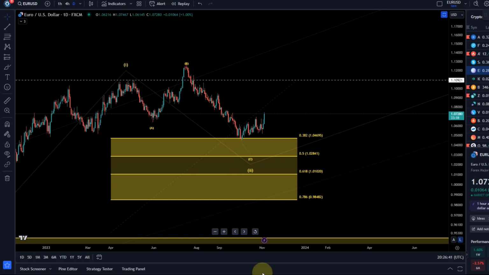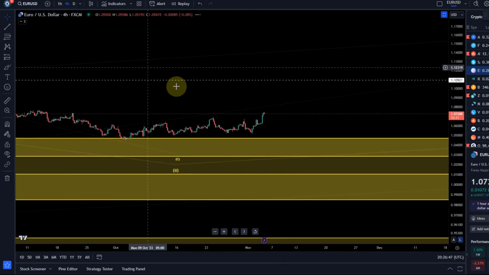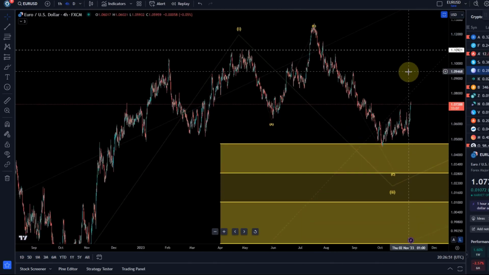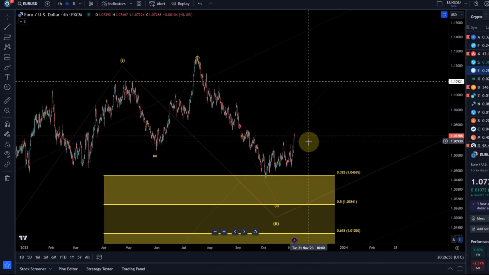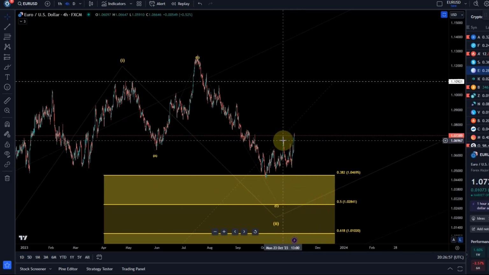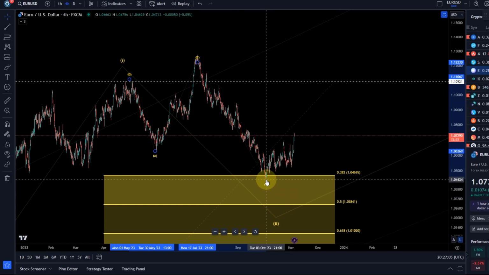We could still get another low, but I would argue with this move in the last few days, this has become a little less likely. I would not rule out that we get another low here. However, with the rally above the previous swing high at $1.07, this has become less likely. So let's assume for now the low is in.